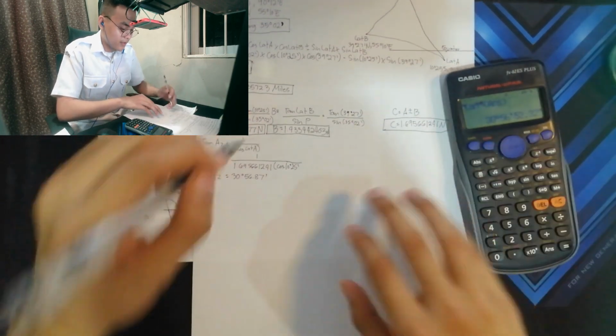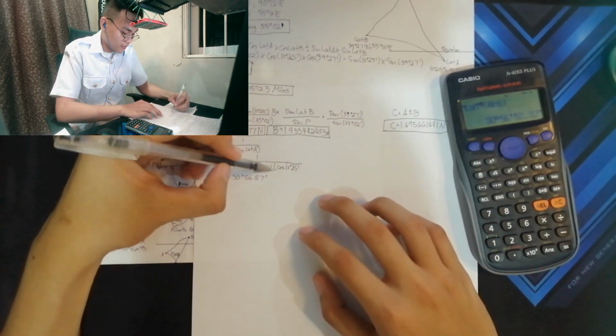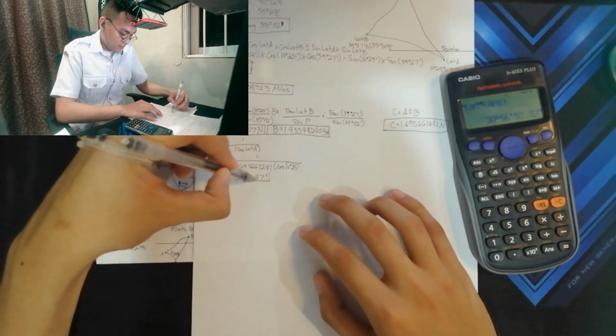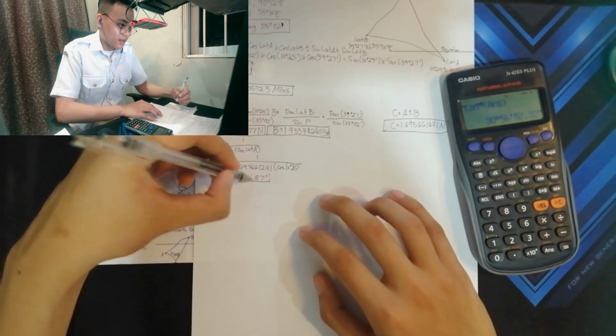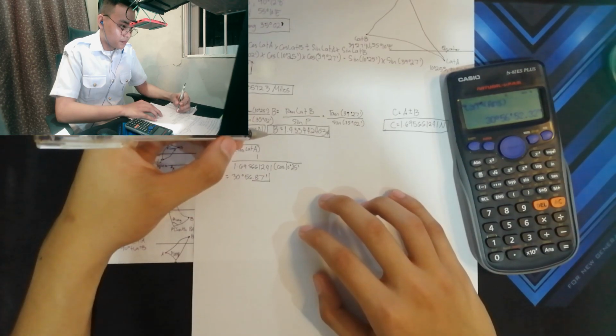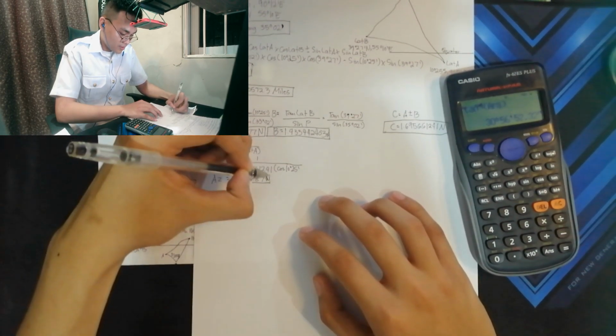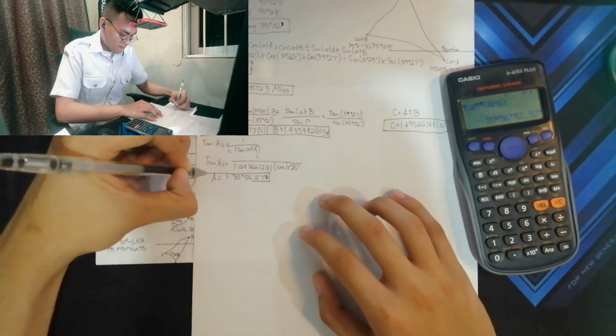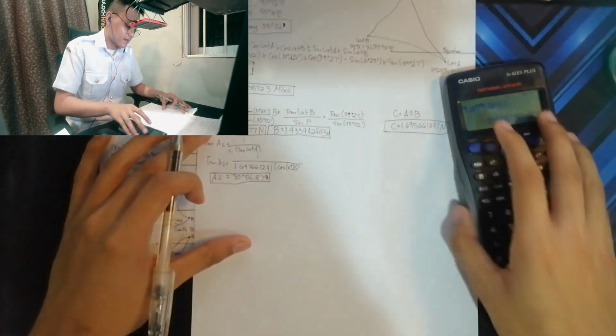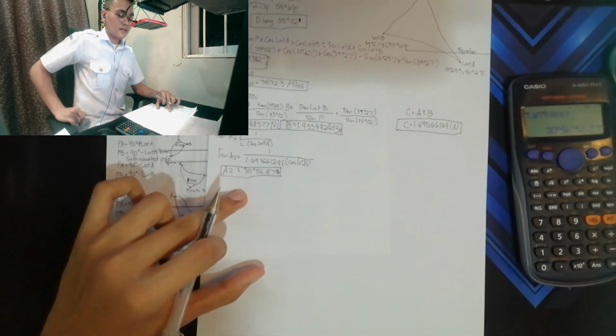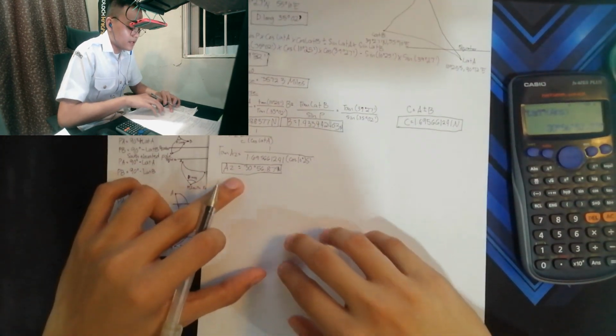So I just round it off to get this value. Box this one. The direction of this one is west. So here we got our initial course.